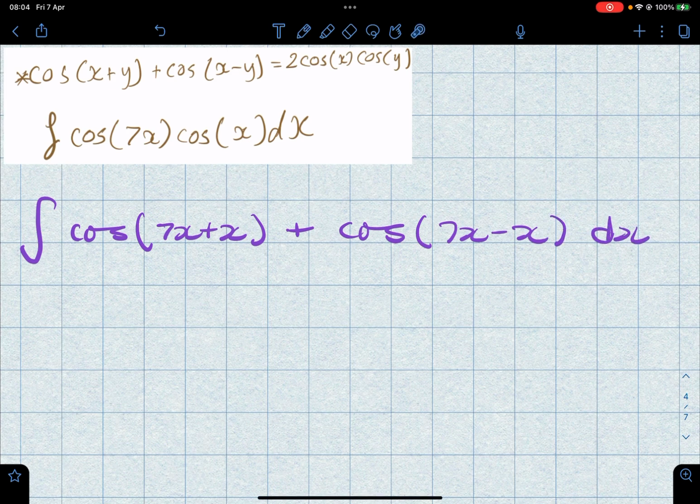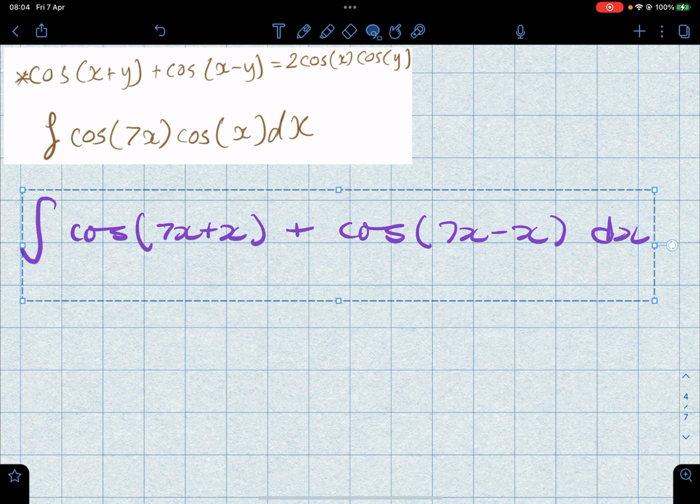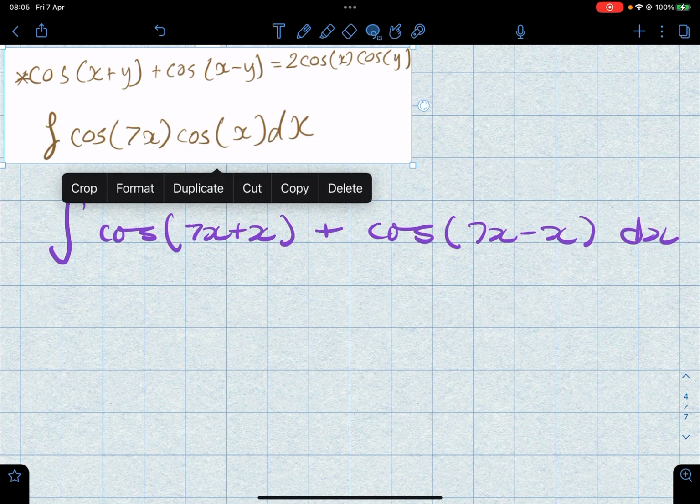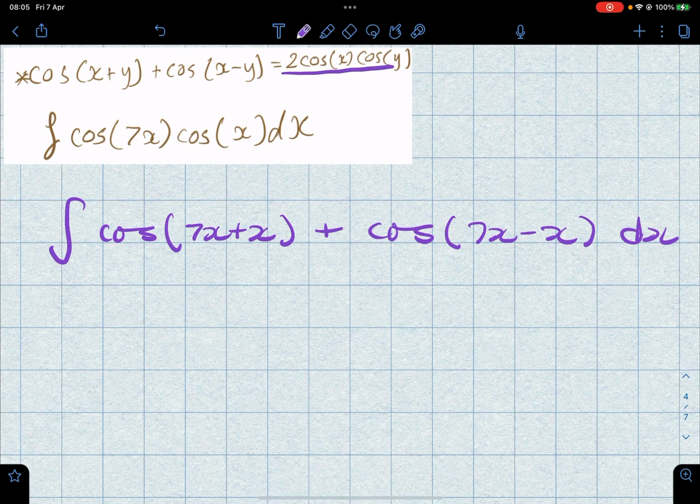Okay, so the identity says that if you have twice the product of cosines, you can write it as the cosine of the sum plus the cosine of the difference. So we didn't have a 2 here. So there's a half missing, a factor of 2 missing. So if you like, we can divide this by 2, and that means we have a half here.